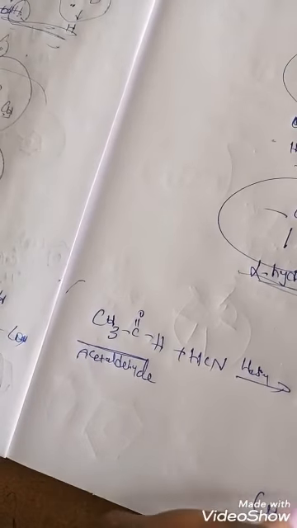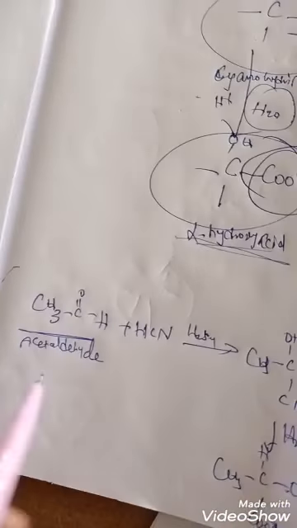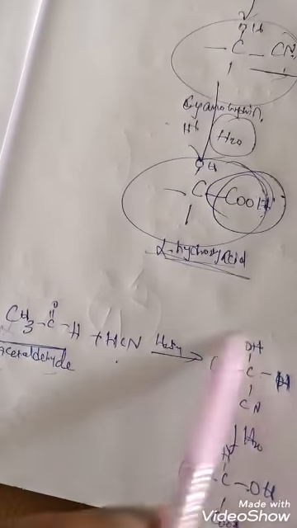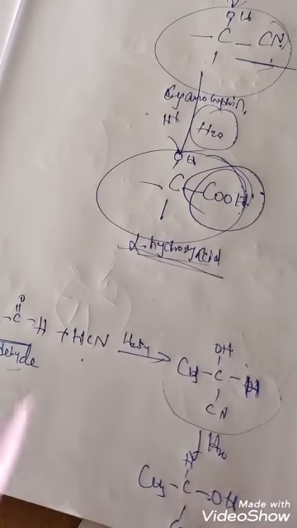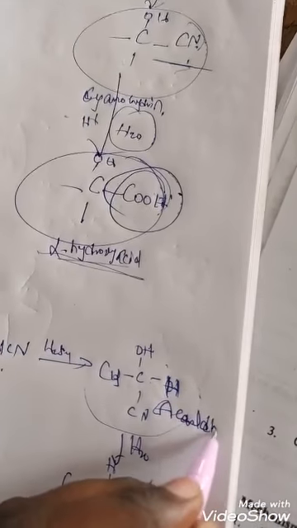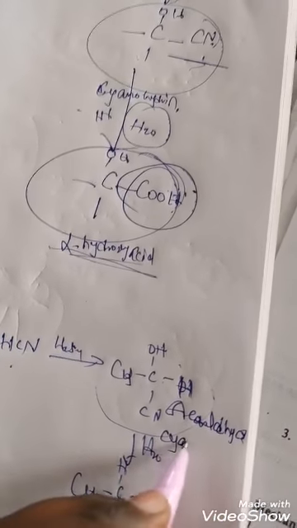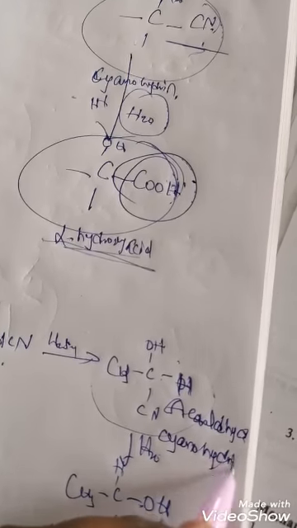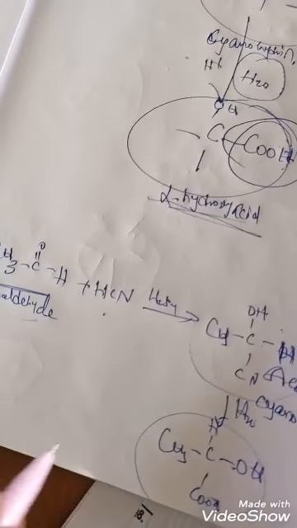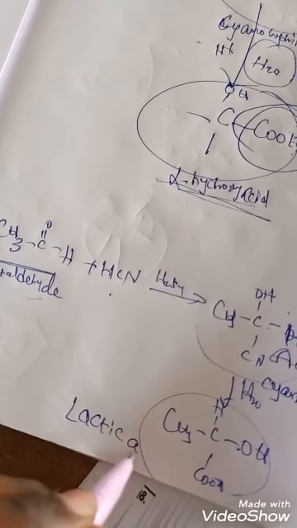In presence of H2O, it forms CH3 CH OH COOH. Okay, students, listen. Acetaldehyde in presence of HCN forms what? Acetaldehyde cyanohydrin. Okay, in presence of H2O to form, this is the lactic acid. Okay, this is lactic acid.